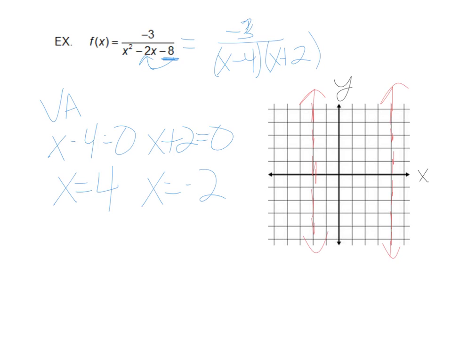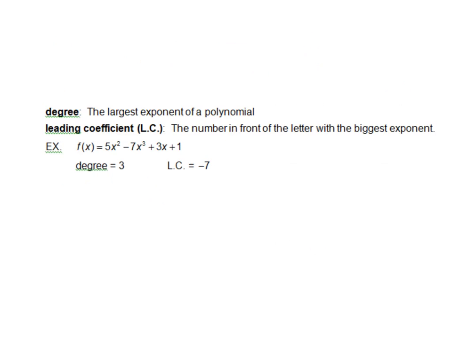So we've done x-intercepts, y-intercepts, vertical asymptotes. Horizontal asymptotes. To locate these, we need to define some terms and then look at a set of rules. So the terms we need to understand are degree and leading coefficient. Degree is the largest exponent of a polynomial.